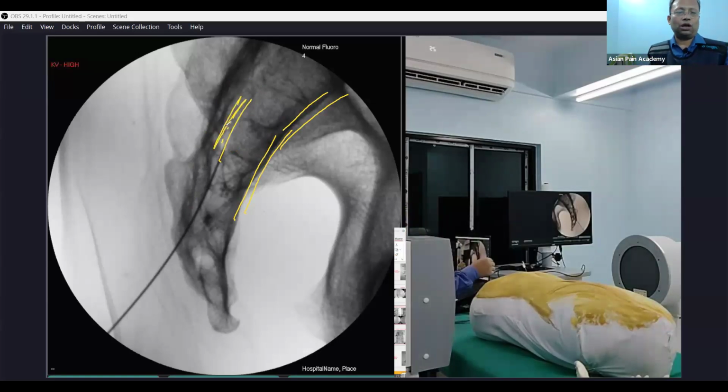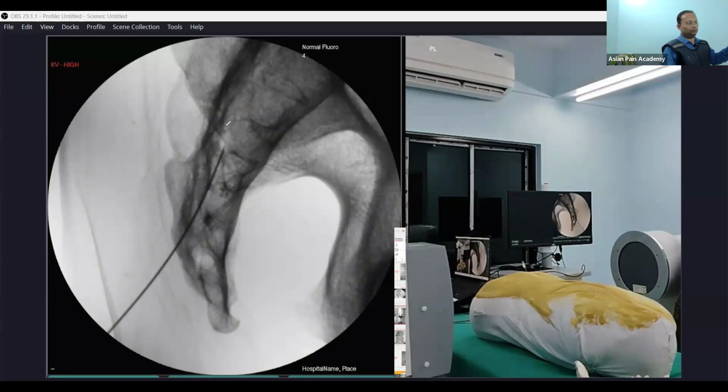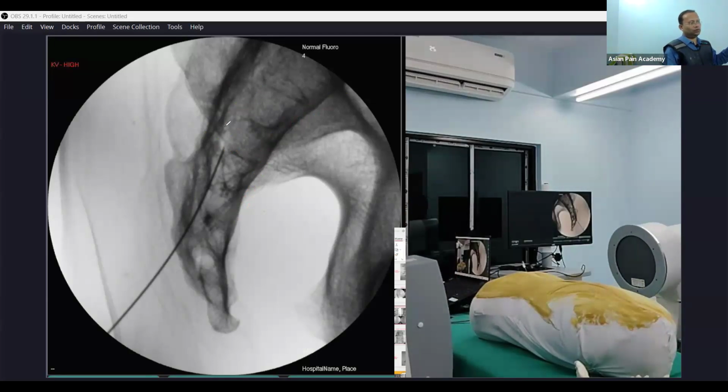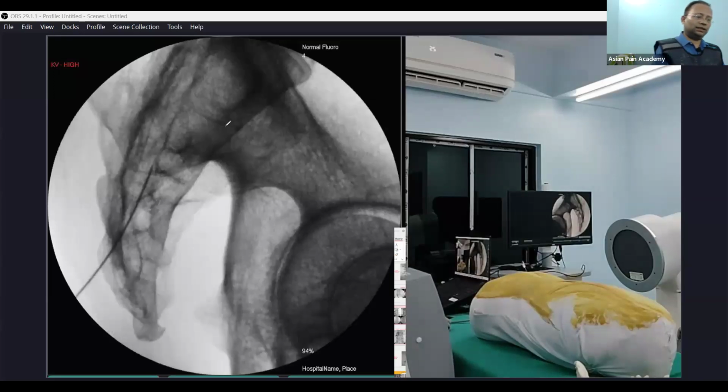So let me show you how it looks if it is not a true lateral. A bit more. Okay. So if it is not a true lateral, see what happens. You see, this is a dirty picture.